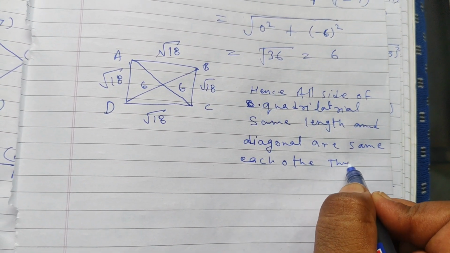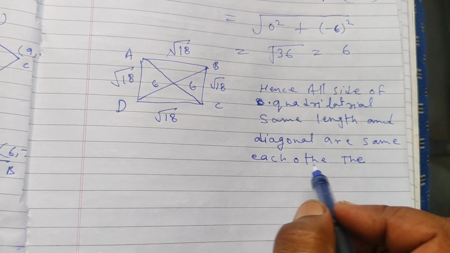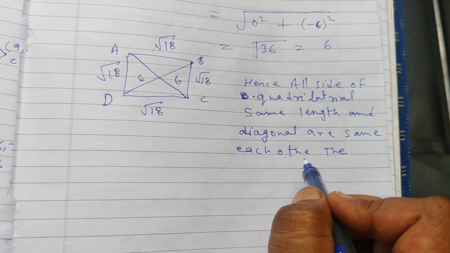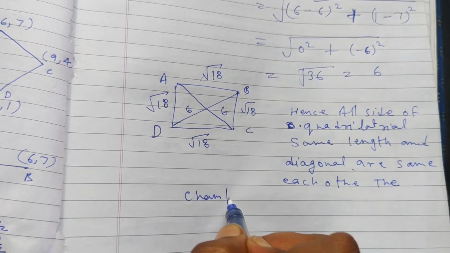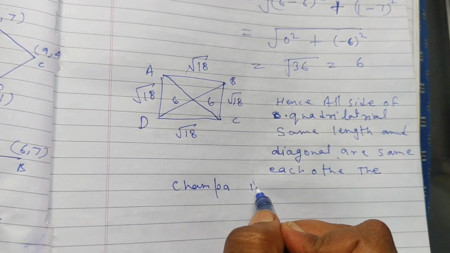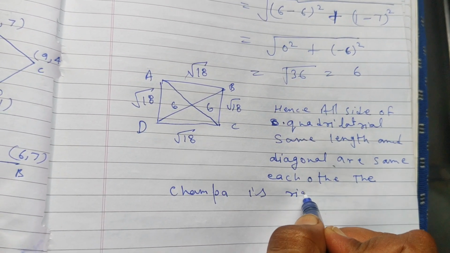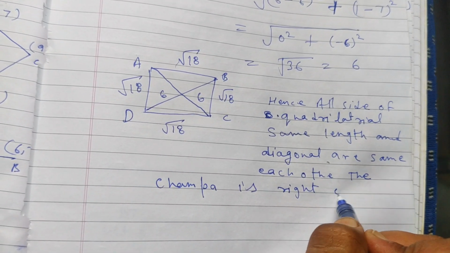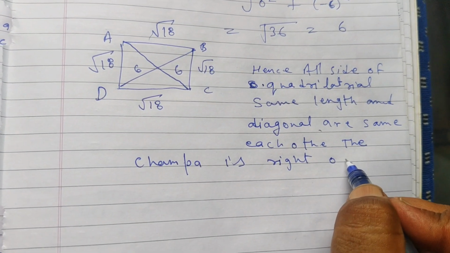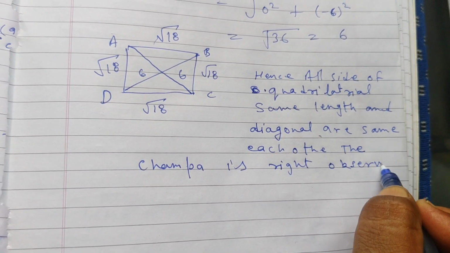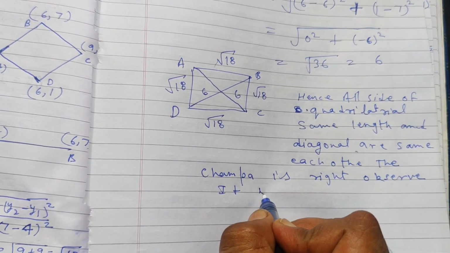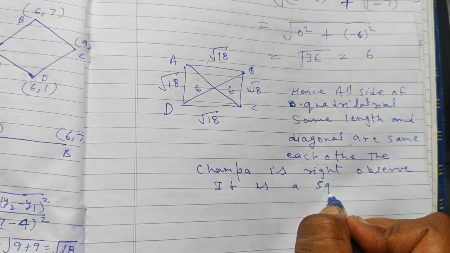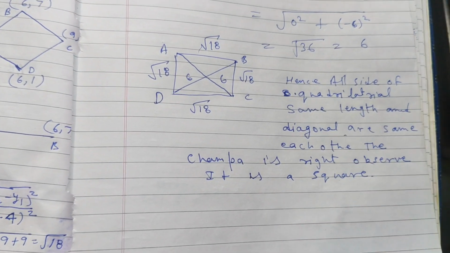Then Chameli, Champa is right. Observe, it is a square. Champa's observation is right, it is a square.